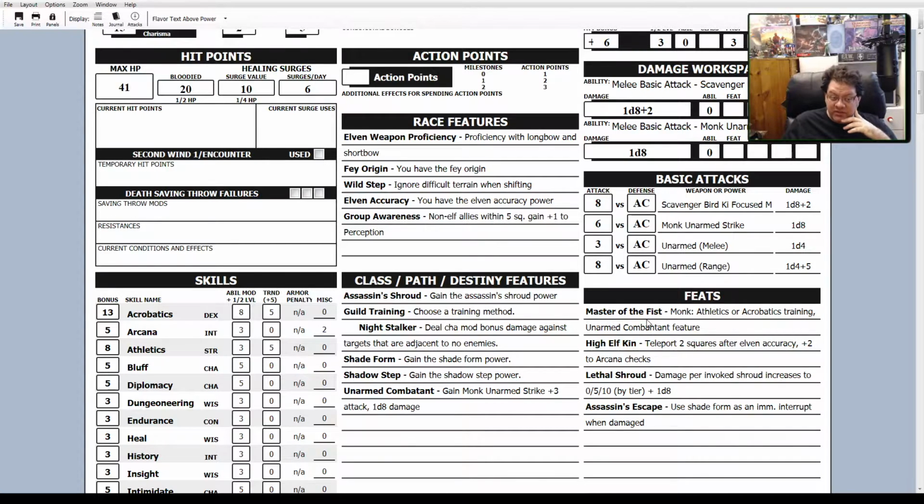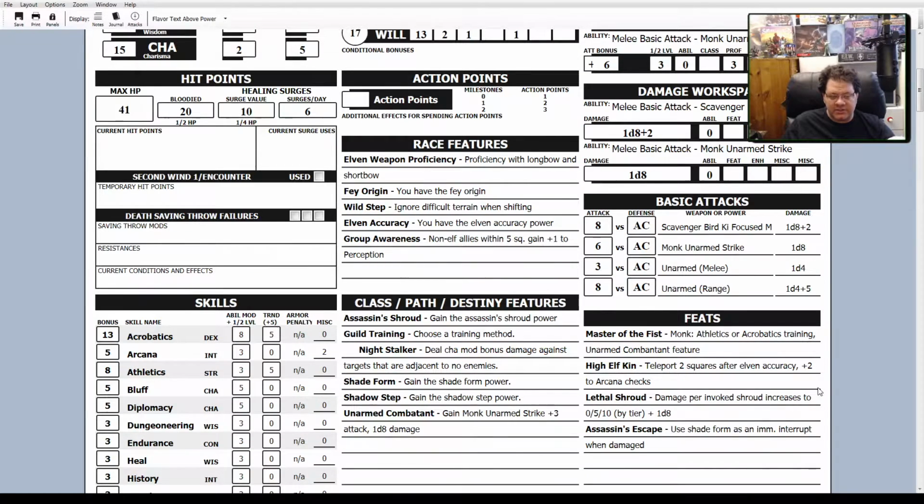And I took Master of the Fist, which is the monk multi-classing feat. It gave me training in either Athletics or Acrobatics. I can't remember which one I chose. And then the Unarmed Combatant feature, which meant I could attack with unarmed strikes as a weapon.